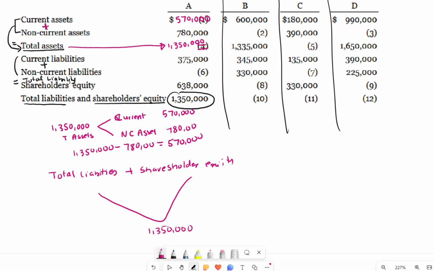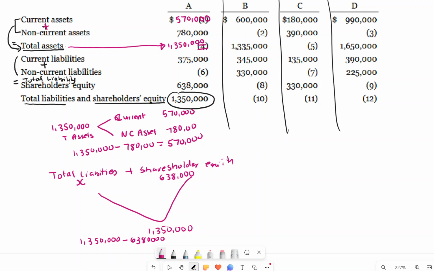But in the question they told us your shareholders' equity is 638,000. What will be your total liability? I will take 1,350,000 minus the 638,000. It will give me my total liability.